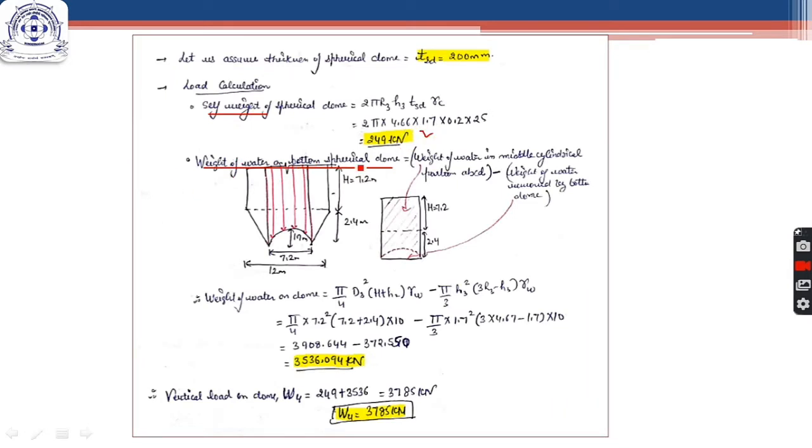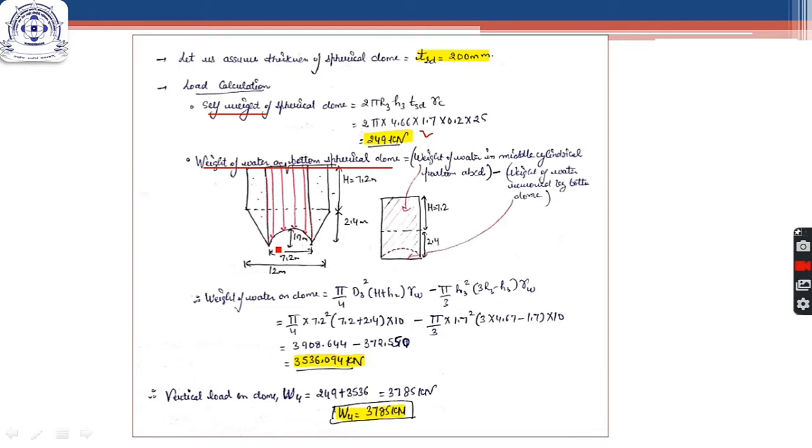Now the weight of water on the bottom spherical dome is this shaded portion. The water present here and here puts its weight on the conical dome, which we have already considered while designing the conical dome. Now we have to calculate the volume of the middle portion of water. How will we do that?